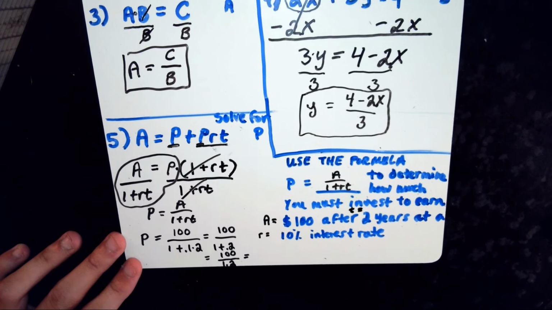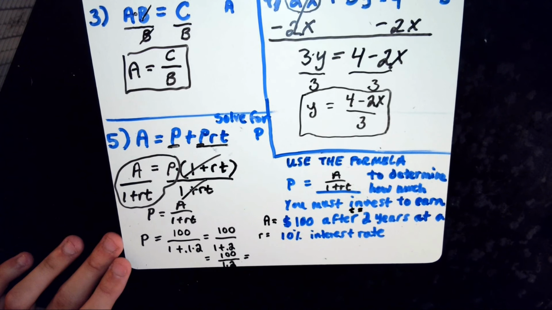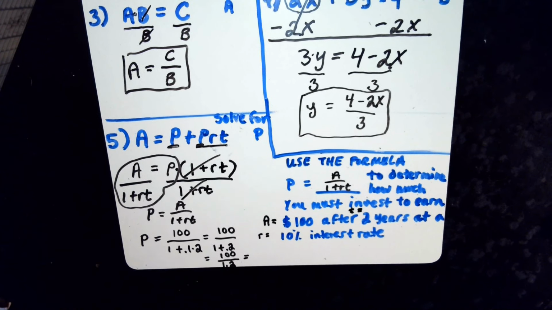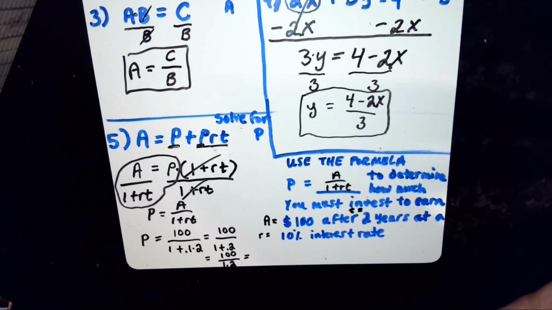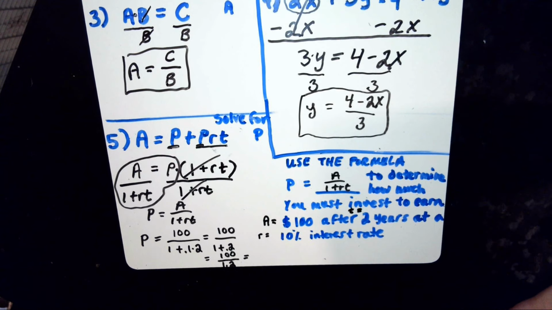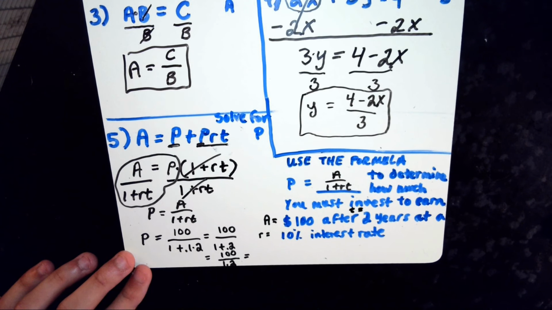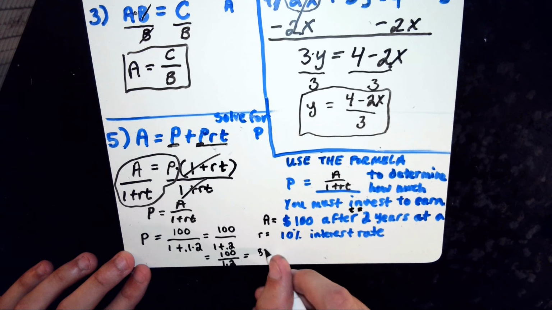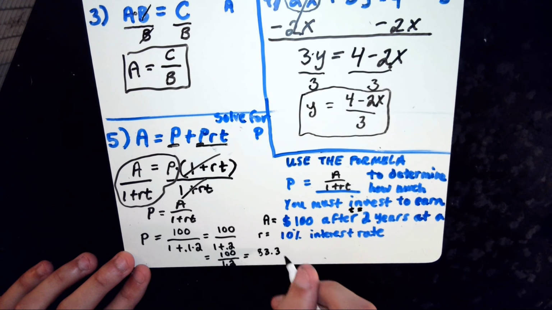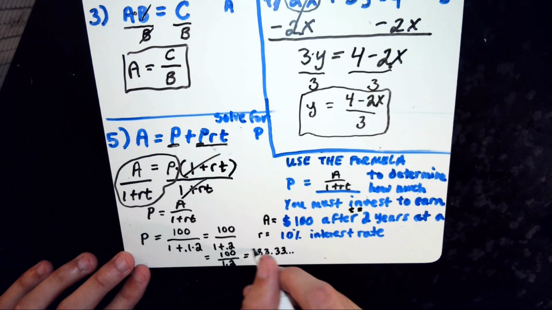I'm just going to pull out a calculator at this point because I'm not quite sure what 100 divided by 1.2 is, and that's totally fine. Calculators are not prohibited in this class by any means. So 100 divided by 1.2 gives us about 83.3 repeating dollars.